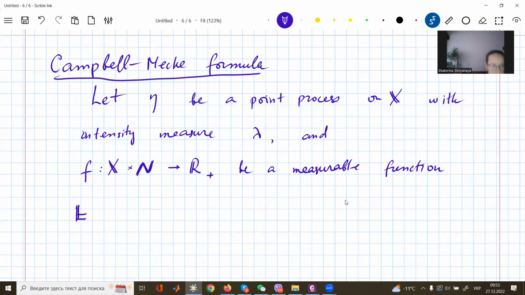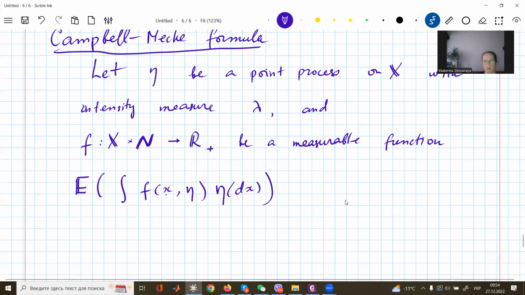So this is a familiar expression for you. I will integrate the function f that depends on a point x and point process eta with respect to eta itself.